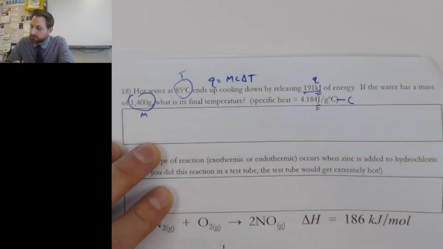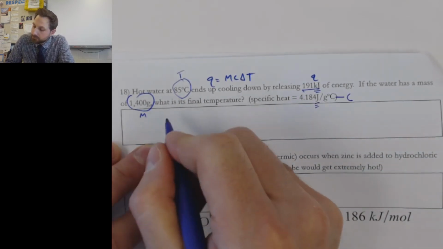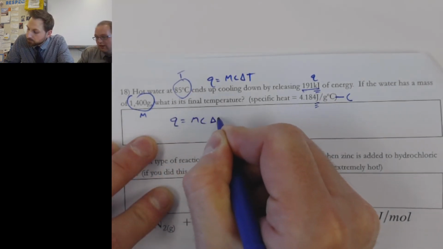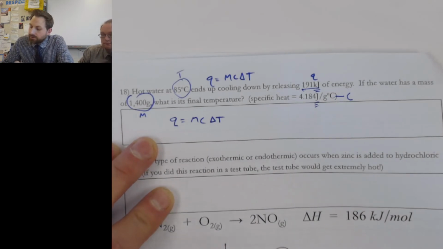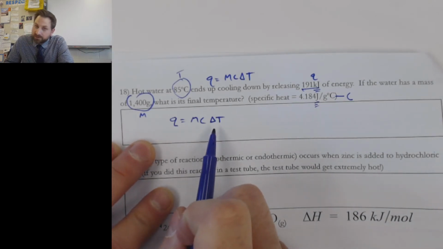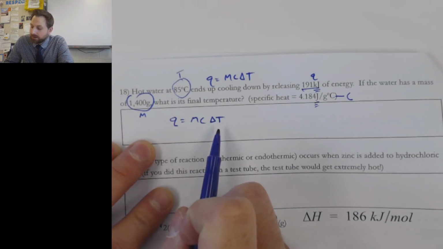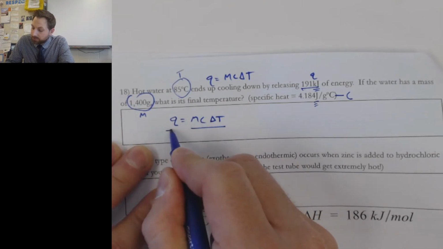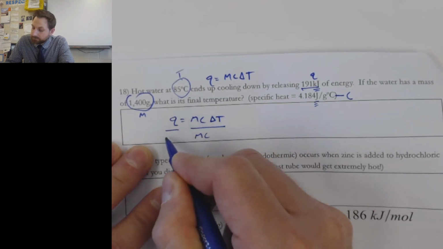Rearrange the equation or just go with it, Mr. Bartlett? I prefer rearranging the equation, but it's up to you, Mr. Bowers. All right, so if I was to rearrange the equation to get delta T on one side, how would I do that? So I'm going to go ahead and divide both sides by MC.